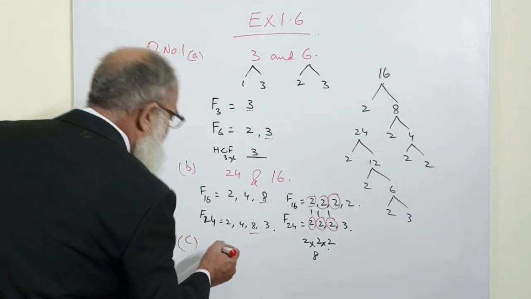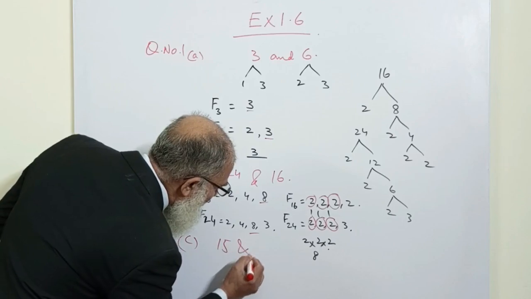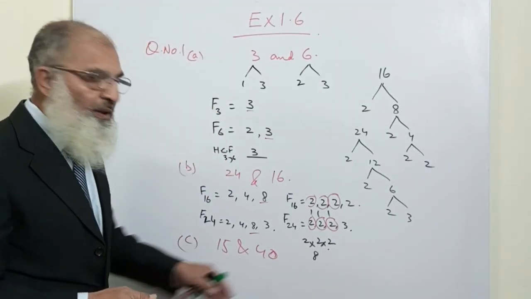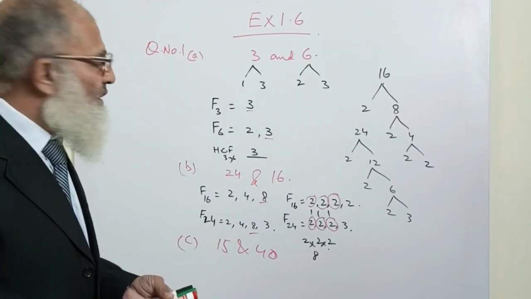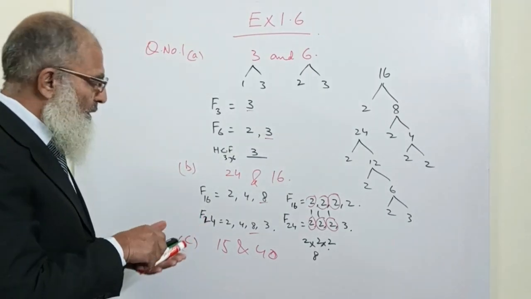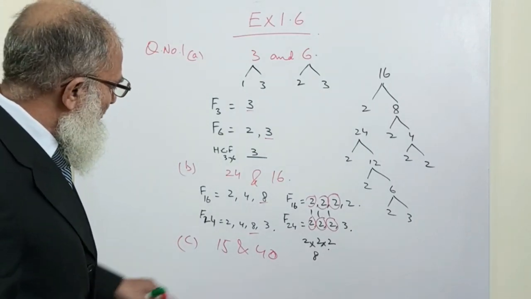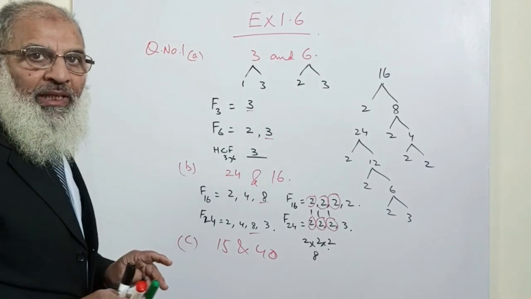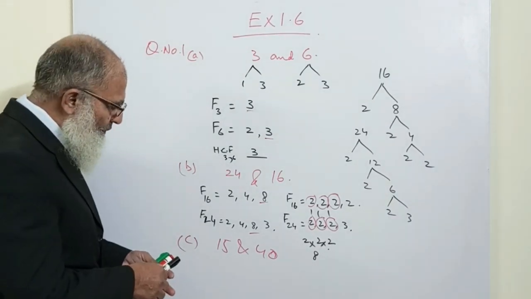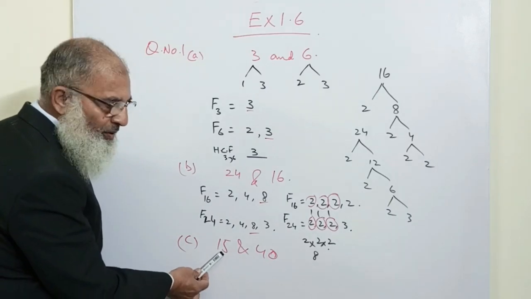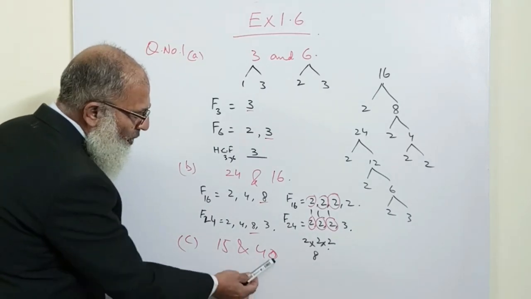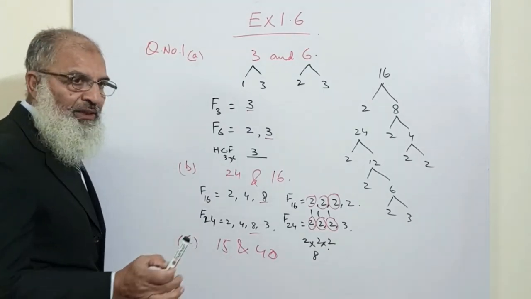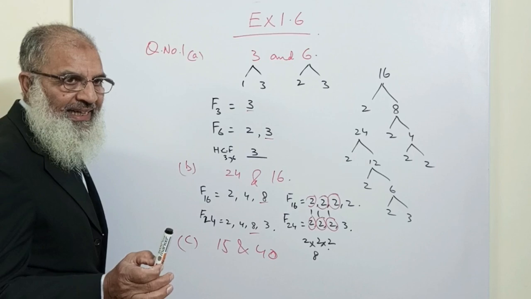15 and 40. Now I hope you are able to do it by yourself. These are not so difficult questions, but a few I am going to solve for you. Now this is a new type of question, and as I told you in my previous lecture, if you get 5 or 0 at the end of any number, that is divisible by 5 and 10.